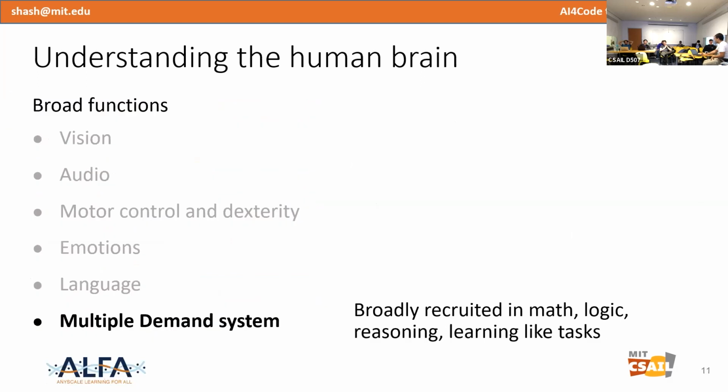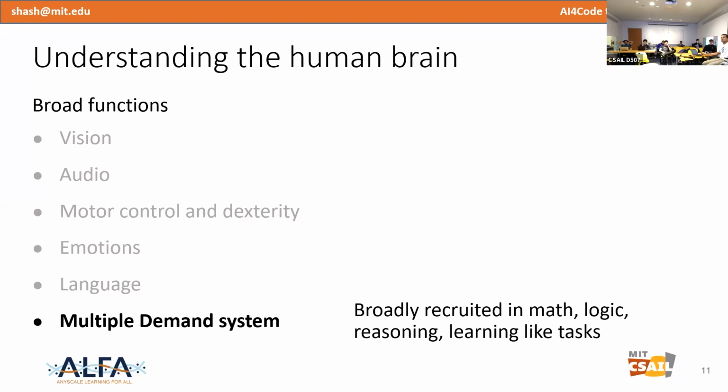Okay, we'll wait. One exception to this behavior that I've just told you, where there seems to be super specialization, is the multiple demand system. It's another name for a series of brain regions which seem to be connected and show up quite often. The interesting thing about this is that it's not domain specific.